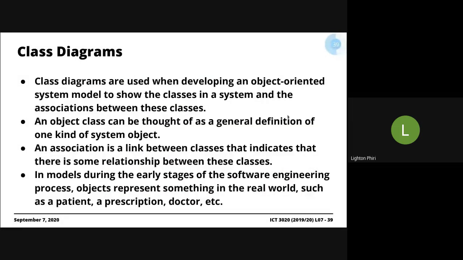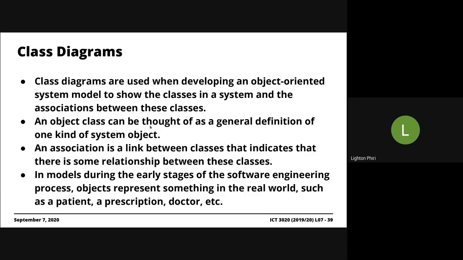So class diagrams are ideal when the development process is taking an object-oriented programming approach, right? So you're going to model a system based on the different objects associated with whatever it is you're developing, right? And all you do really in your class diagrams is you define associations that exist between your different classes.